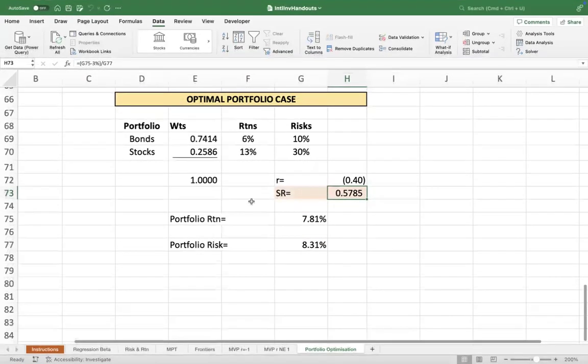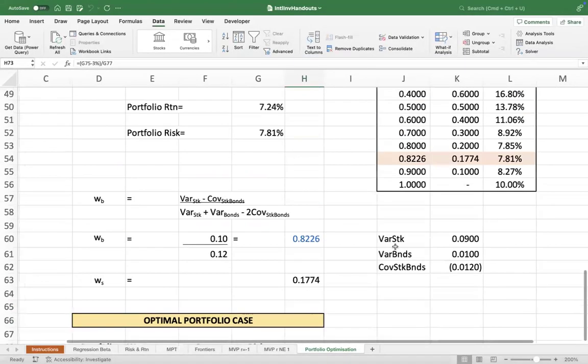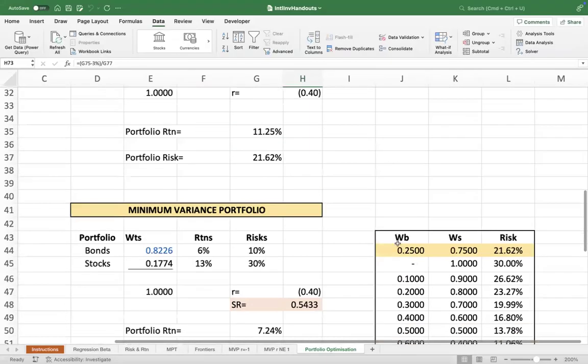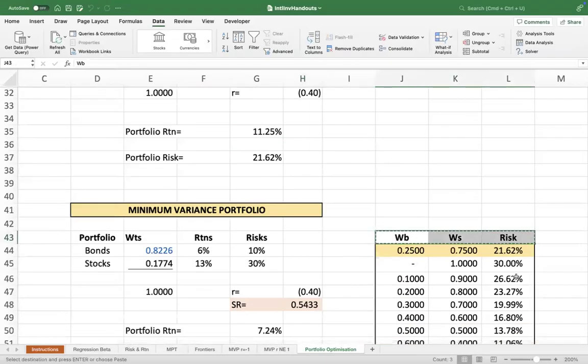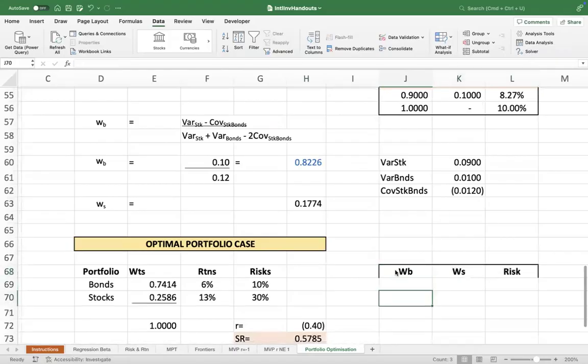So what I will do now is I will also construct a data table with the following things. Here I will not do risk. What will I do? I will do the Sharpe's ratio.